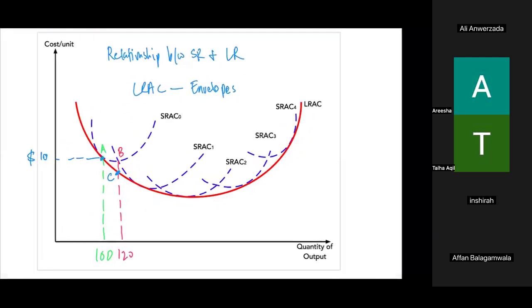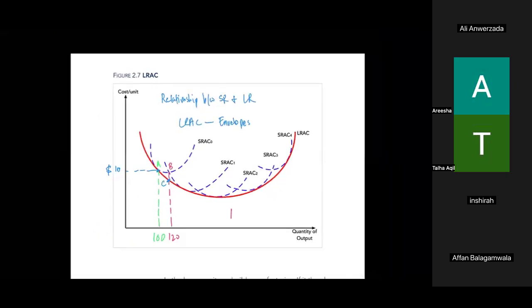I want you guys to write this: it is not required for short run average cost to be at the lowest point when it meets the long run average cost curve.